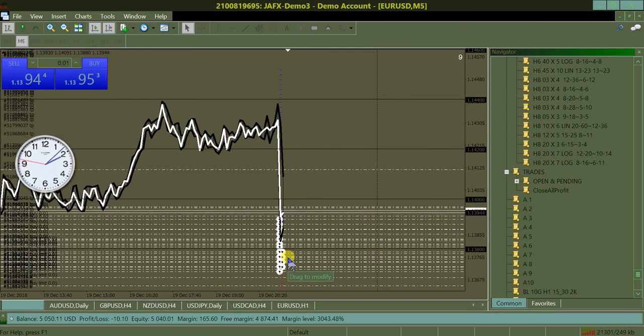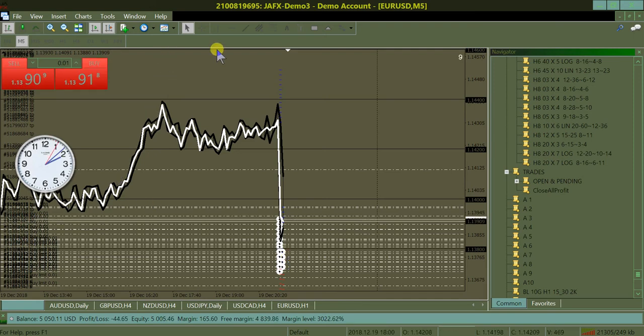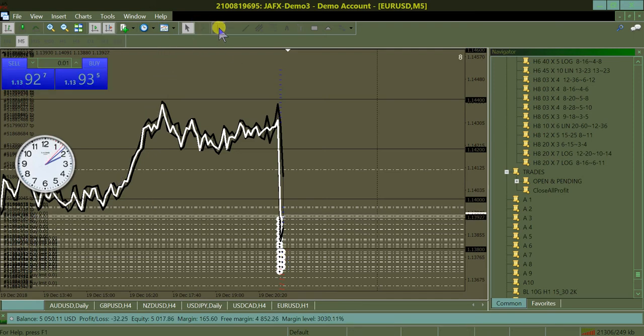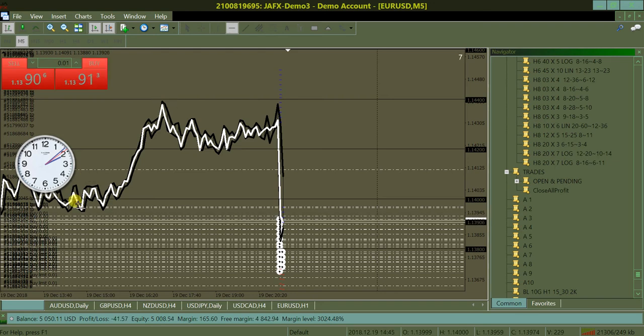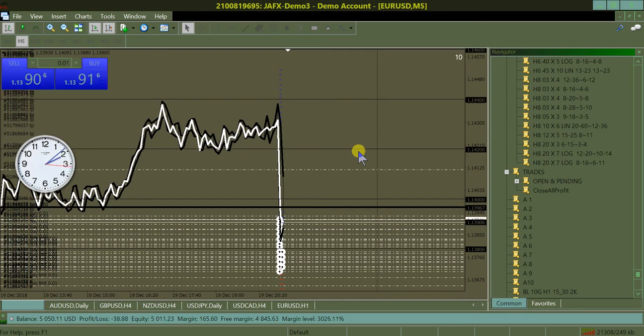Buying now at the market for the first 10 pip scalp. Got to get through this floor here. Right here is sellers coming in. Got to go over that hump.